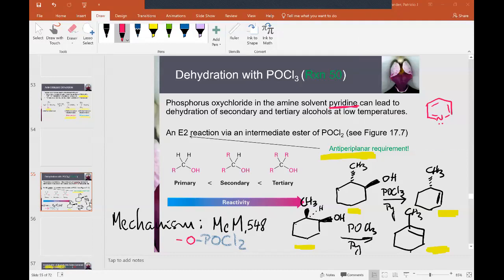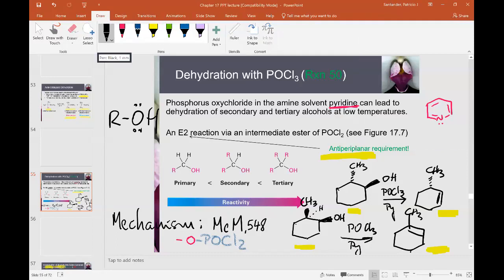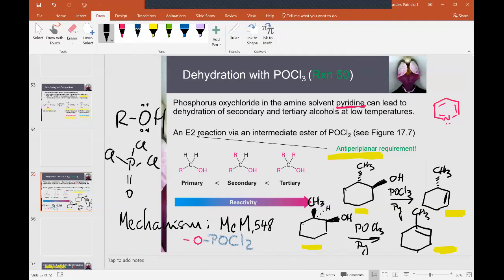So let me stress something about the mechanism of this reaction. In this reaction, you have the alcohol that will react with the POCl3.